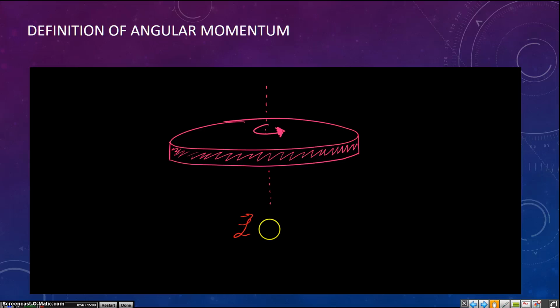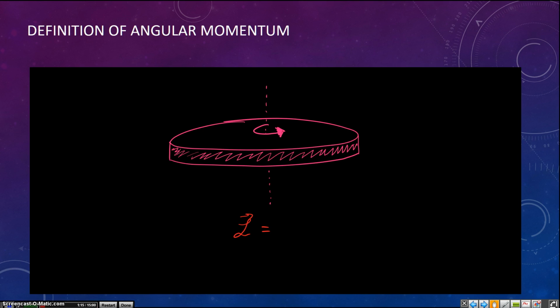Angular momentum is L. And this L, if you remember, linear momentum is mass times velocity. And so in rotational equations, you would notice that we replace mass with rotational inertia, and we replace velocity, this linear velocity, with omega, angular velocity.